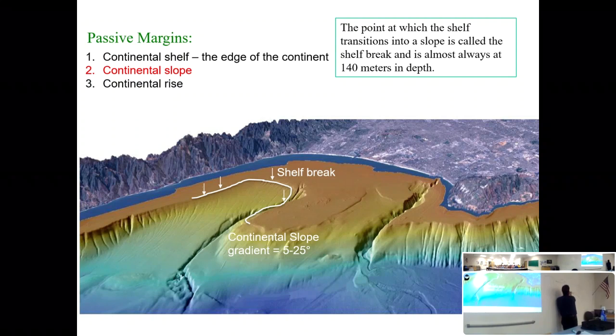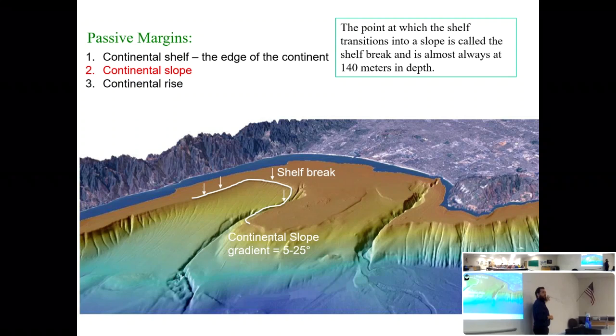Anybody want to guess what this rise actually is? Sediment. It's sediment, very good guess. That's the reason I put all those dots there, because that's all the sediment that's been washed off the continents, right? So it makes a big pile of sediment at the base of the continents.